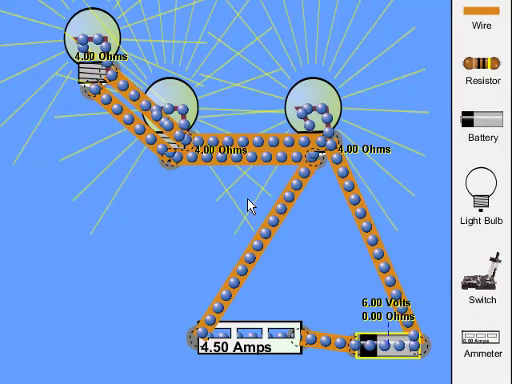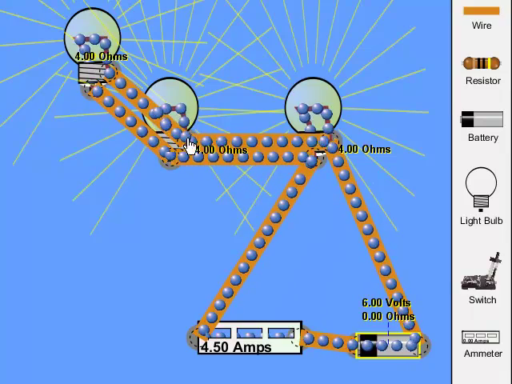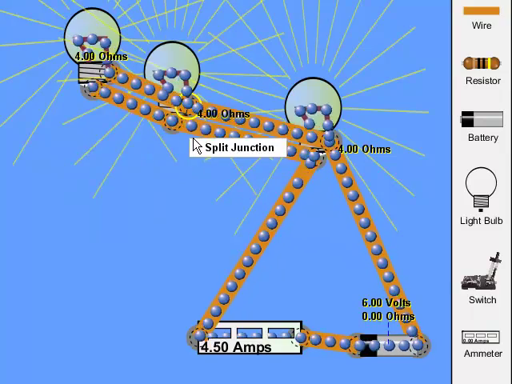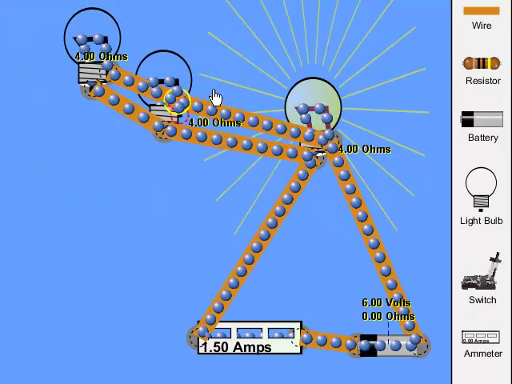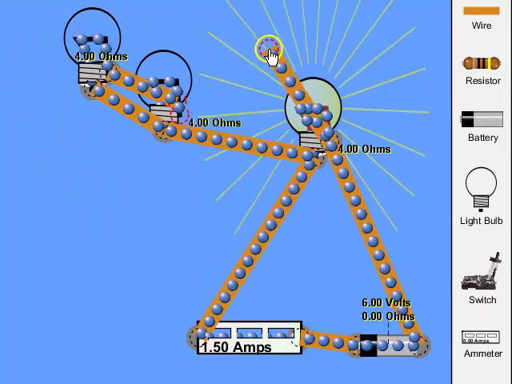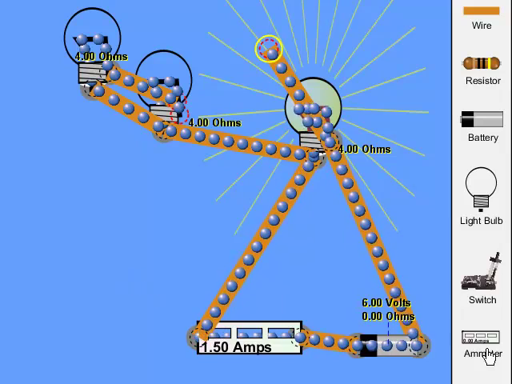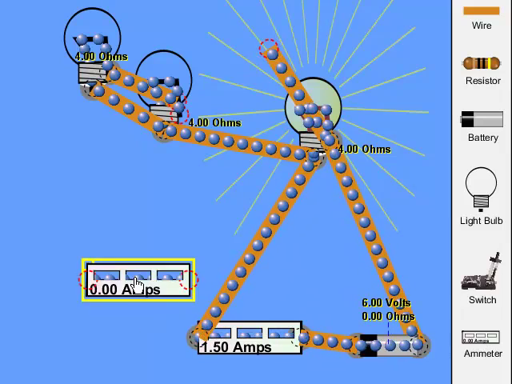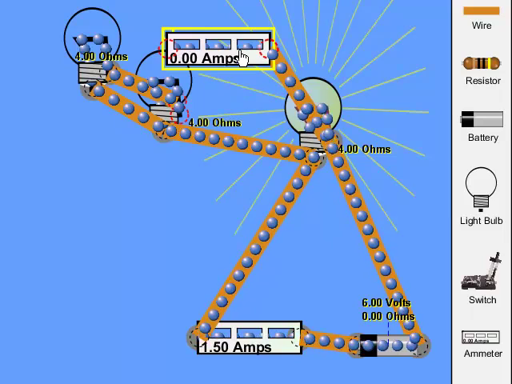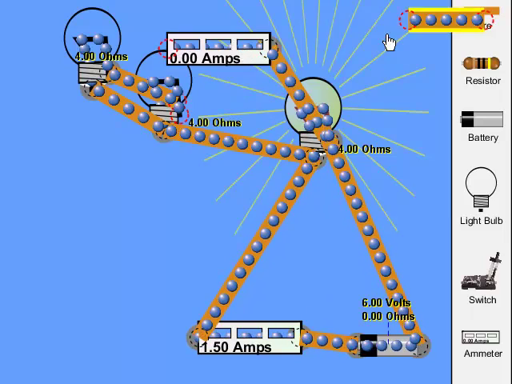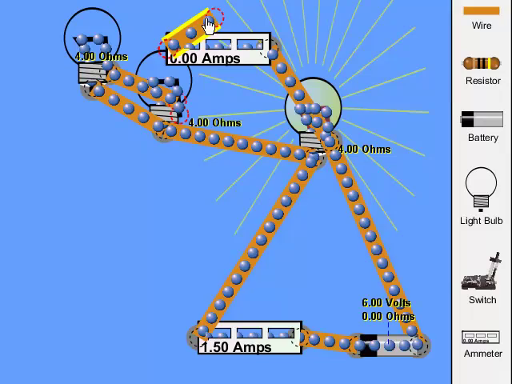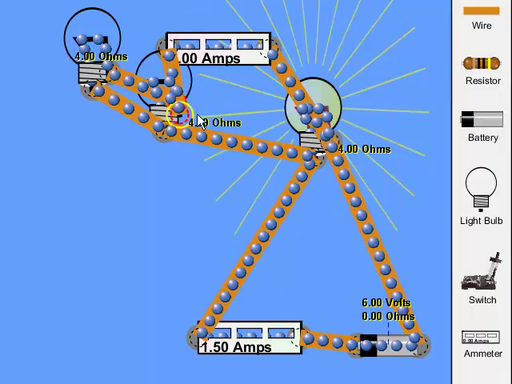If we determine the current, that may be a little bit tricky. So I'm going to use another ammeter. There we go. And there we go.